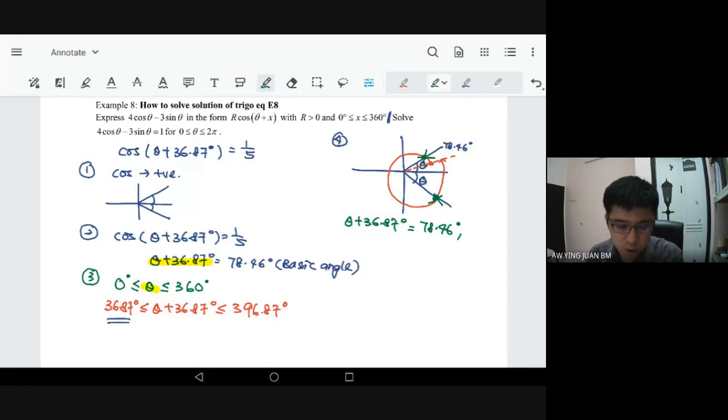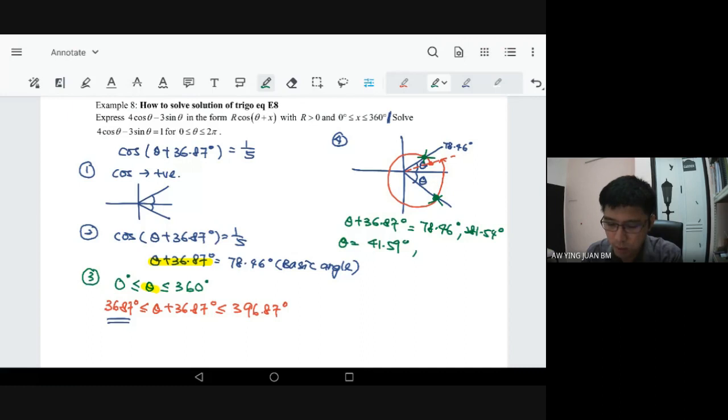So, my answer is 281.54. So, dah siap dua tempat. Finally, theta is equals to 78.46 minus 36.87. So, saya pun buat ya. 78.46 minus 36.87. So 41.59.